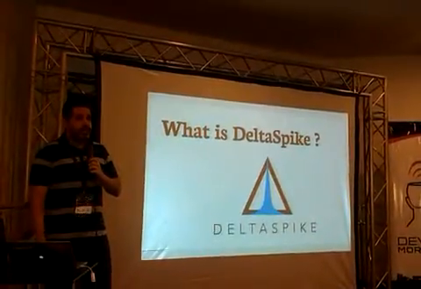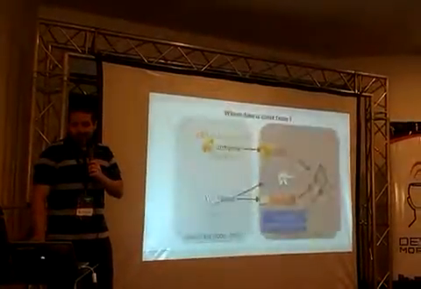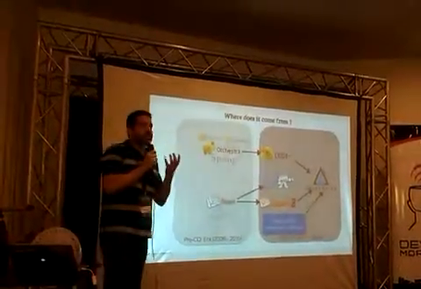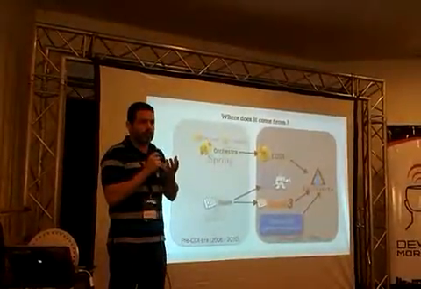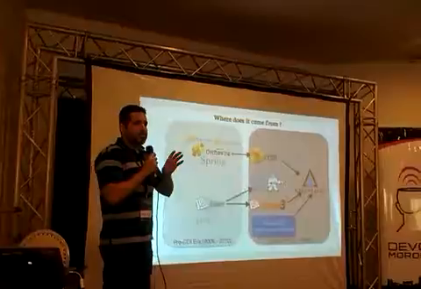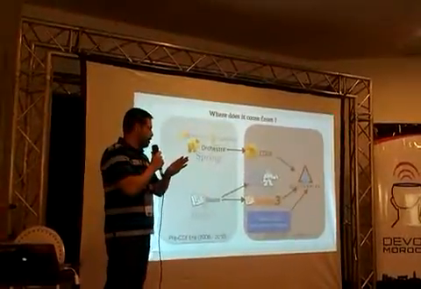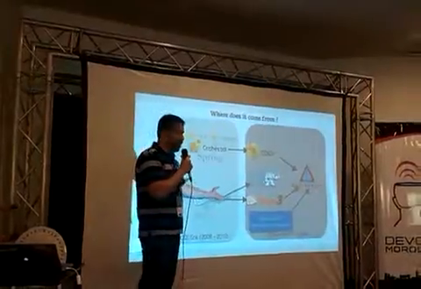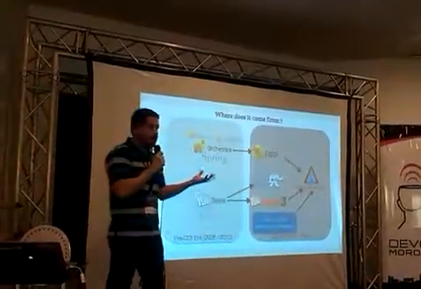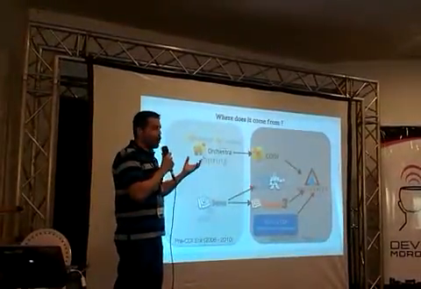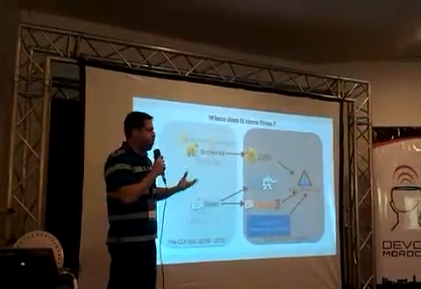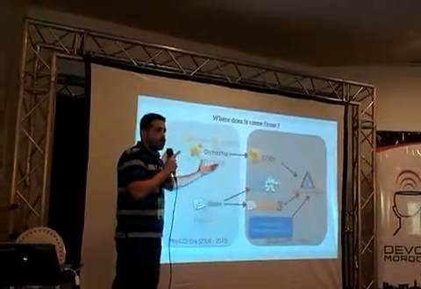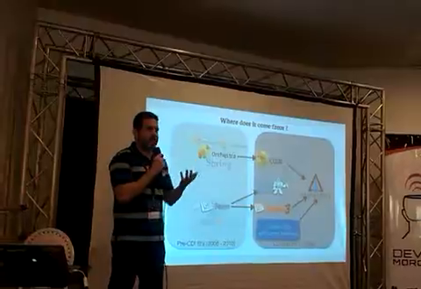Well, so the question is, what is DeltaSpike? First of all, we need to understand where DeltaSpike came from. The CDI specification was initially released in 2011, and since that time, there were a lot of initiatives from different companies to provide features for CDI.